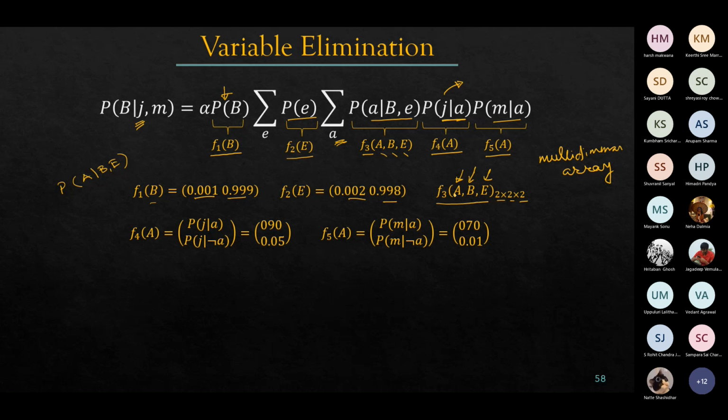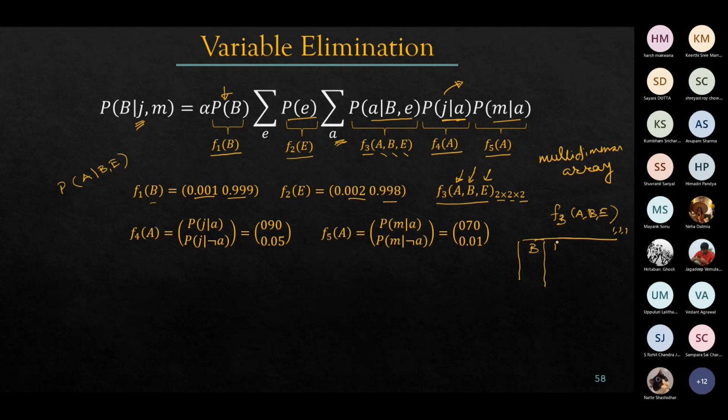And what are the kind of values that we can have? Let us think about what the value of A, B, E is in, say, the first position, 1, 1, 1. Can anybody tell what would be the value for this? Basically it is representing a conditional probability table.